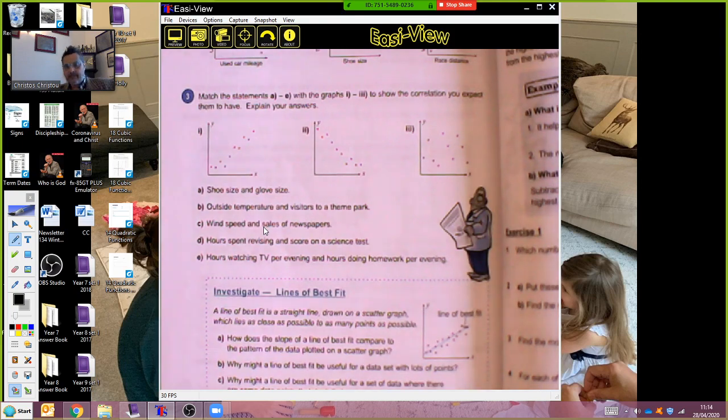There's no correlation if you think of it in pure technical terms. It's windy, I'm still going to buy a paper, take it home and read it. It's less windy, I want my daily paper. Is that all right? So there'll be no correlation between wind speed and sales of paper. That's all I want to say about that.